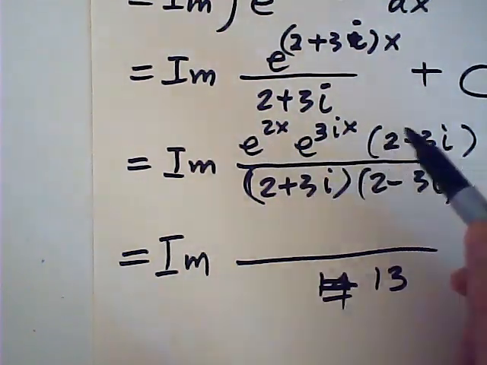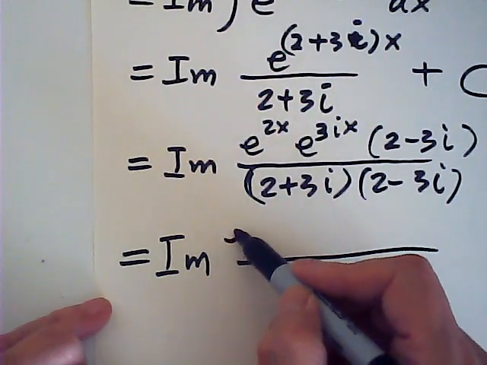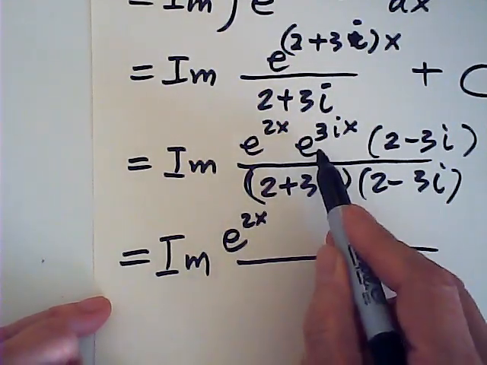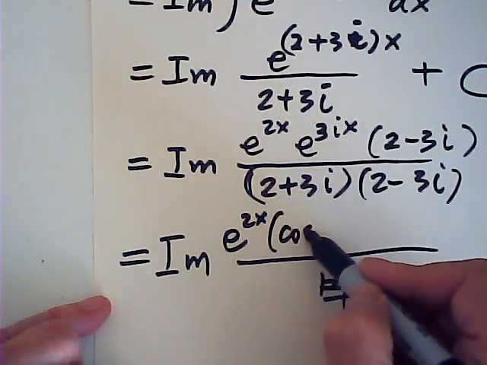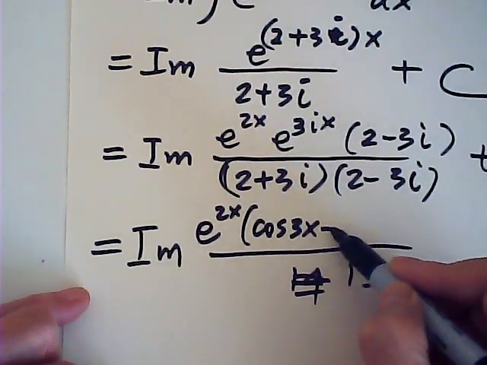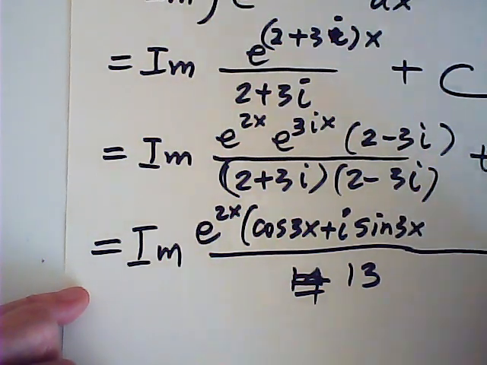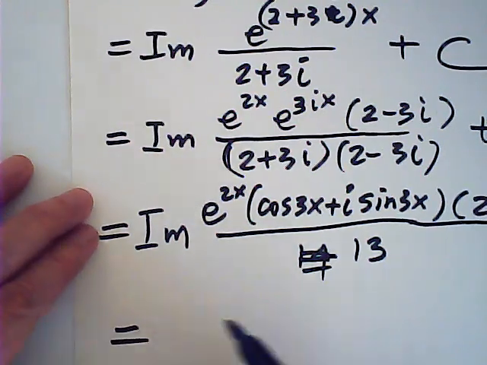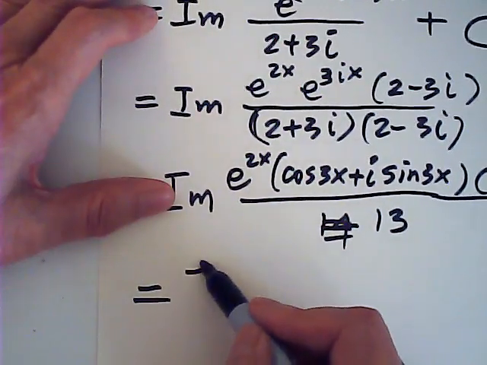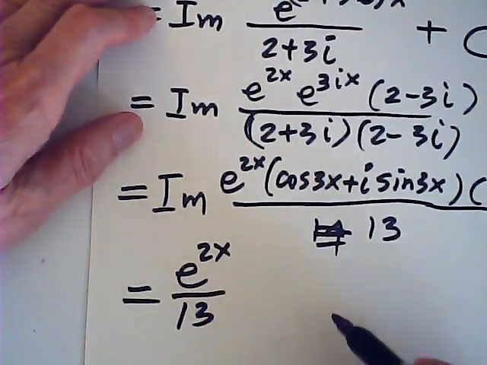Now this one, this is the e to the 2x, e to the 3ix is cosine 3x plus i sine 3x, times 2 minus 3i plus c. And this one can be taken out.